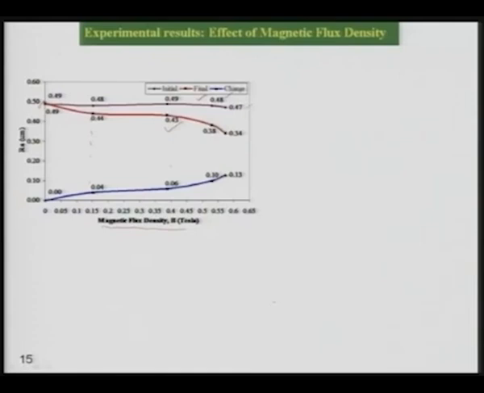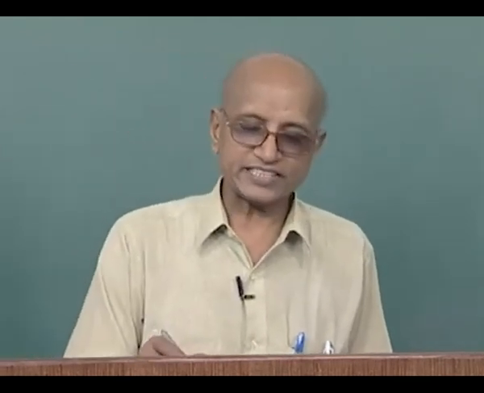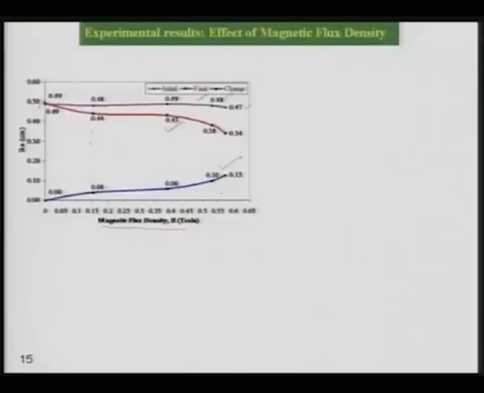So, actually magnetic field is clearly indicating its influence on the finishing rate, means per second or per cycle how much change in the RA value of the workpiece surface is taking place, and this is indicated by the blue color line, that as magnetic field is increasing, the change in the RA value is increasing continuously.